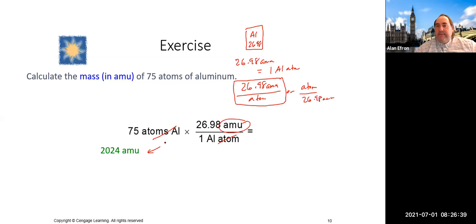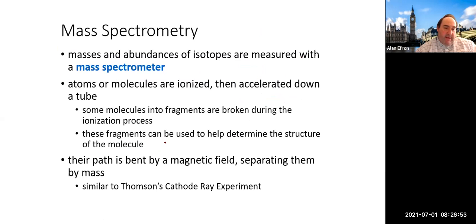So a second ago, I mentioned, how do we figure out the mass of these different isotopes? How do we figure out the relative abundance or percent abundance? And we can use a process which is known as mass spec or mass spectrometry. It's basically a process where the masses of isotopes and their relative abundance can be measured.